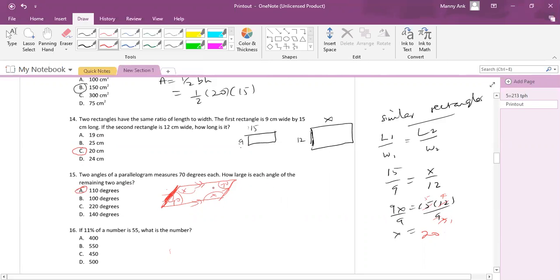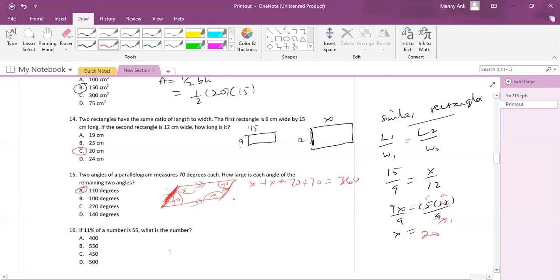Or if you can't remember that part, then you have to work everything out and say 2x plus x plus 70 plus 70 is equal to 360. Total angles in it. It's a quadrilateral, so it's 360.